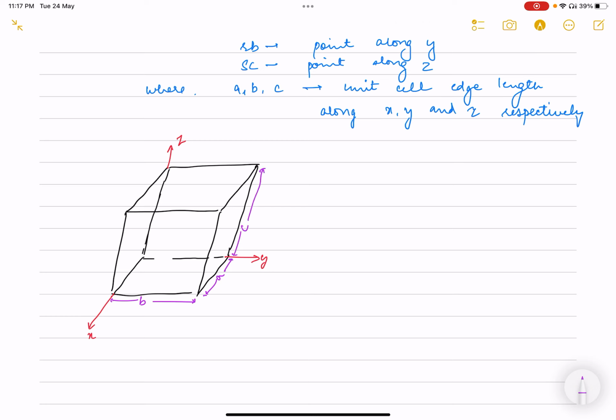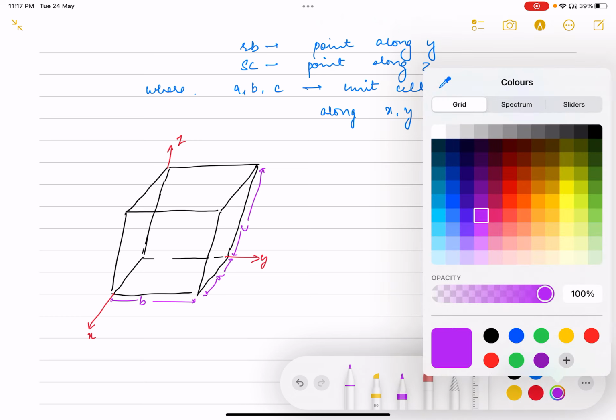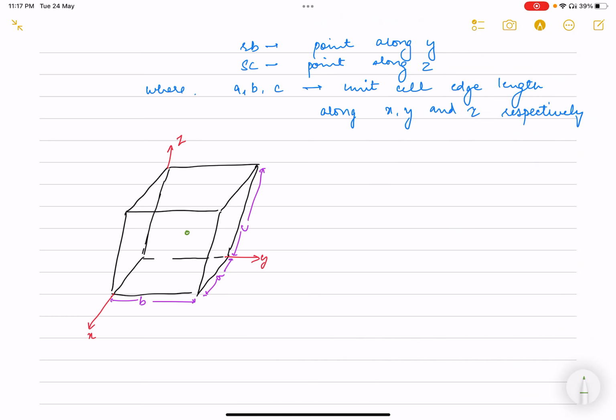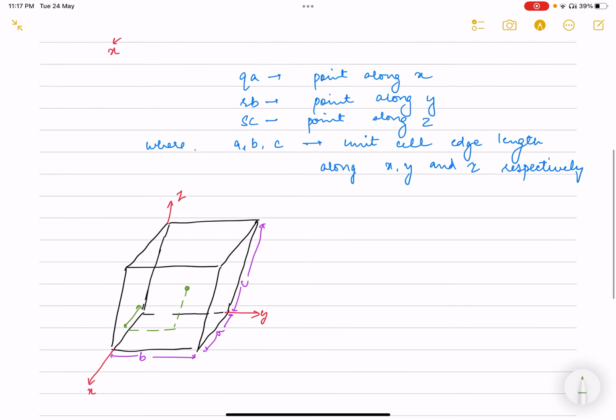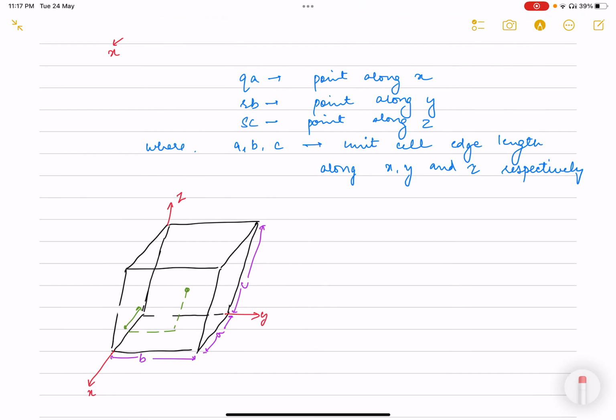Now suppose your point lies somewhere here. Upon projecting, it is like this. This particular length is the fractional length or the point along x, so this is your qa.